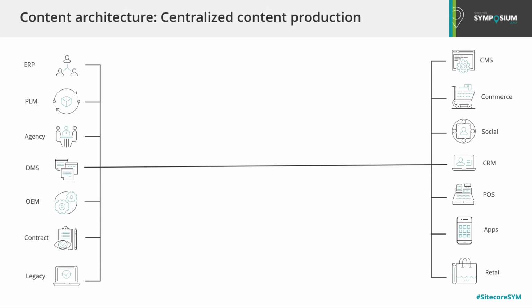increasingly demanding. Some brands tried to fix that problem by repurposing some of the edge platforms for distributing certain types of content across other distribution channels. So for instance, using a CMS platform to not only distribute content for the web, but also for mobile apps and potentially, let's say, POS systems.